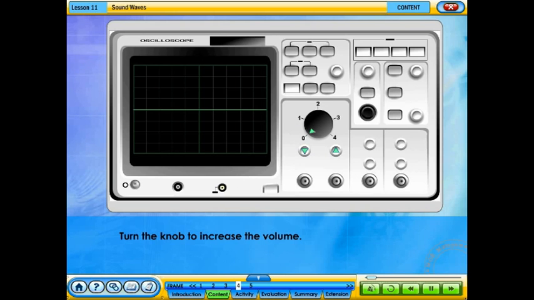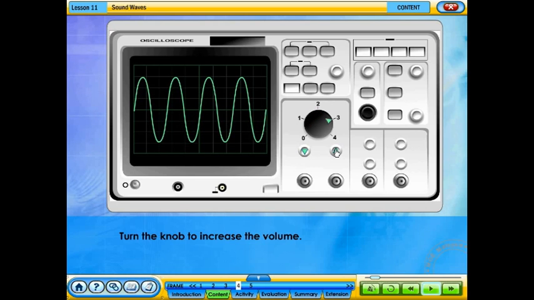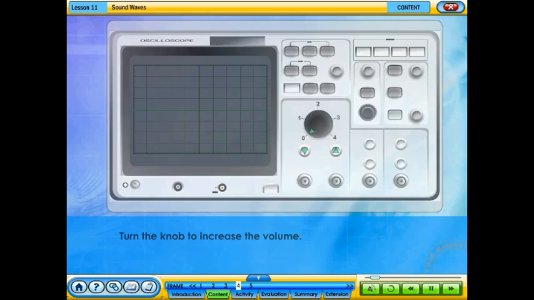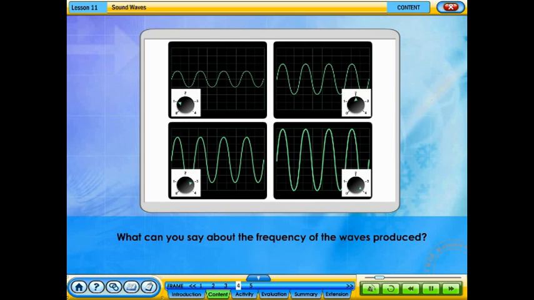Turn the knob to increase the volume. What can you say about the frequency of the waves produced?